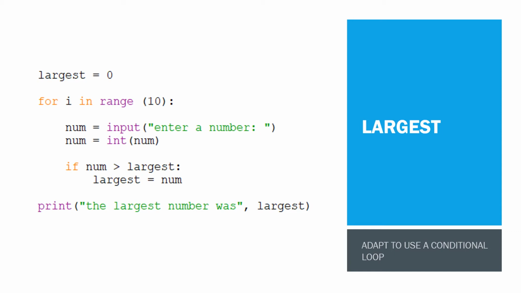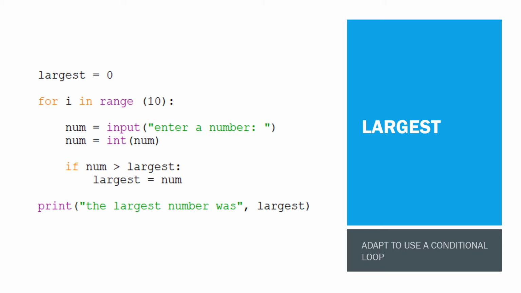Every time round the loop, the number input by the user is compared with the largest value, and if the number entered is larger than the current largest value, then the largest value is replaced by the current number. At the end of the loop, we print out the value that has been the largest.